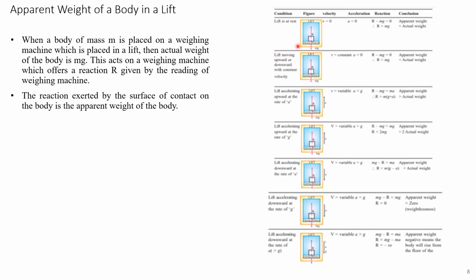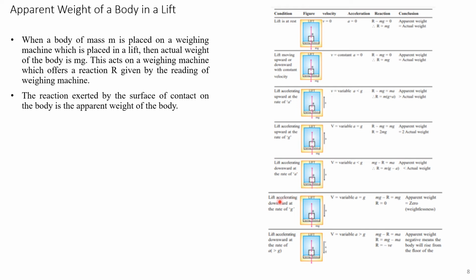Please see the different cases: when the lift is at rest, case 1, and the lift is moving upwards, case 2, and the lift is accelerating upwards at the rate of a, and then the lift is accelerating upward at the rate of g, and the lift is accelerating downward at the rate of a.